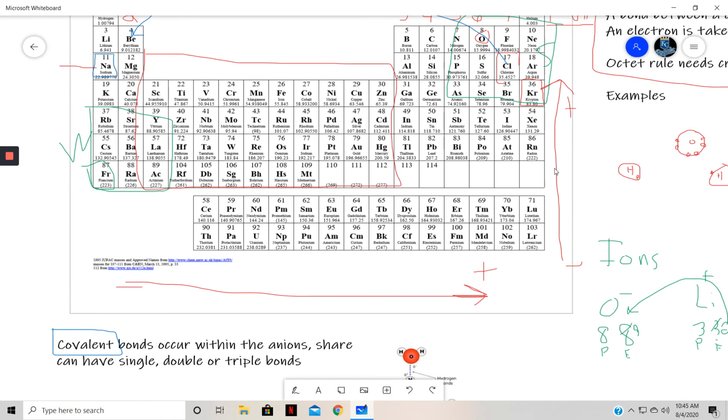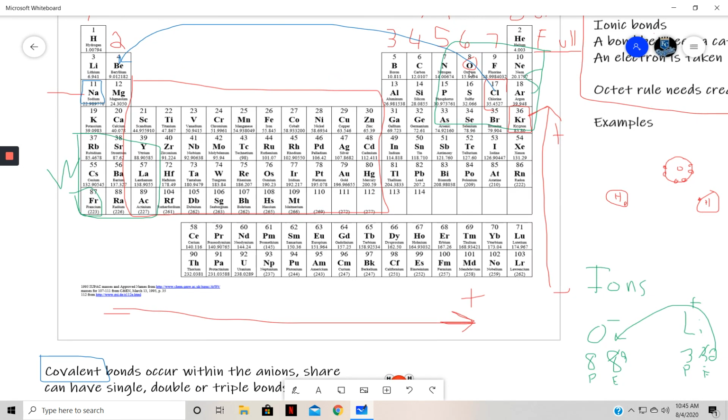All right, so if I've got two oxygens, okay, and they're going to bond to form a covalent bond, and they are going to meet the octet rule, they each need two. So what they will do is create a double bond, okay, and each of those bonds would count towards each atom. So you would have my 6 plus your 2 that we bond with, because of the double bond, that would make 8. And then the other one would be like, okay, I got my 6 plus your 2, that makes 8.